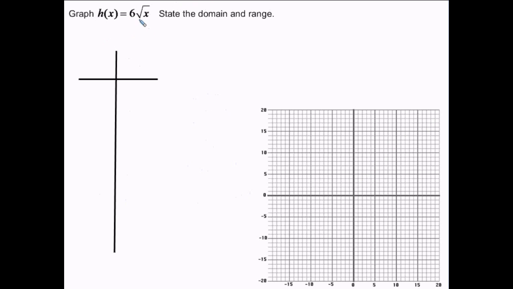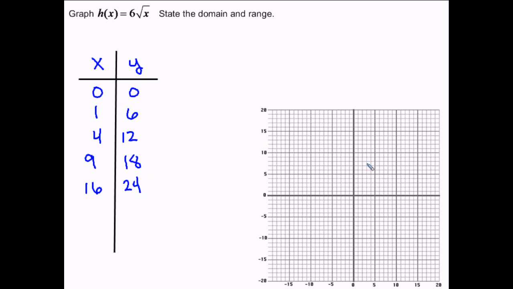Okay, if we put a 6 on here, we're going to stretch it even more. So 0, 0, 1 becomes a 6. 4 is 6 times 2, that's 12. 9 gives me 6 times 3, which is 18. Then 4 times 6 is 24.